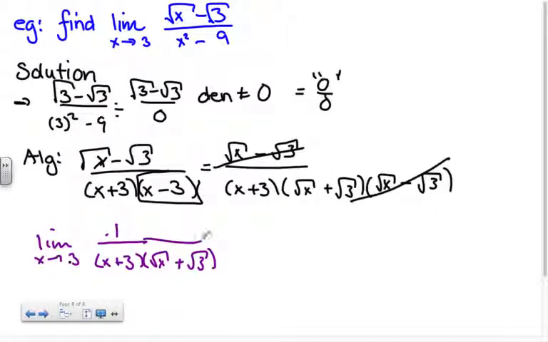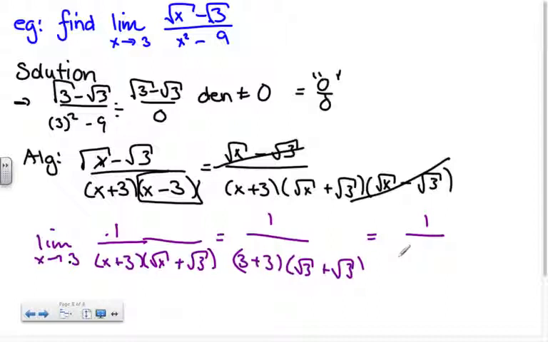I can plug in a number, which in this case is 3. So it's 1 over 3 plus 3, and then square root of 3 plus square root of 3, which is of course 1 over 6 times twice square root of 3. So square root of 3 plus square root of 3 is twice square root of 3. So it's 12 square root of 3, so it's 1 over 12 square root of 3.